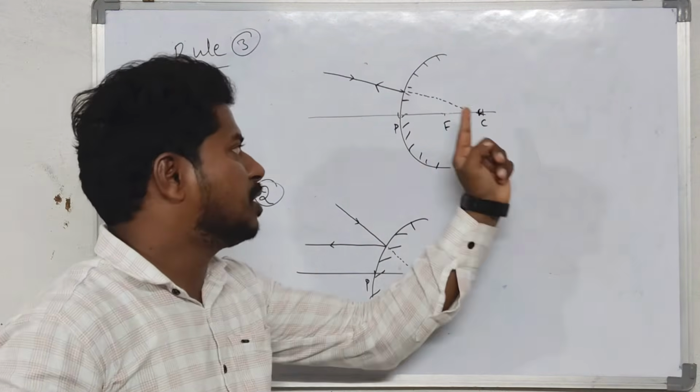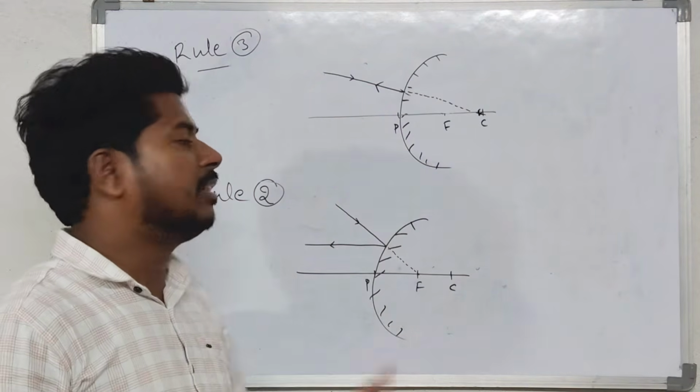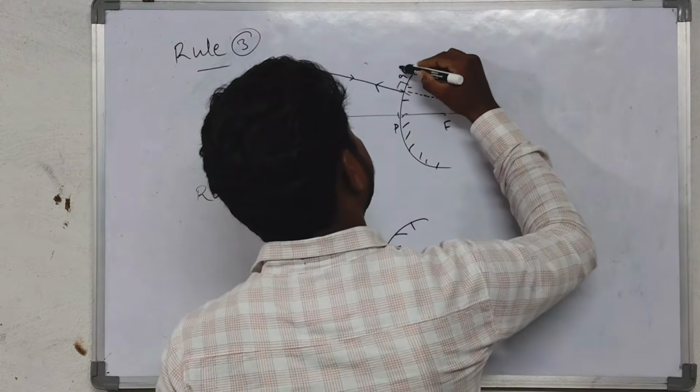If any ray passes through the center of curvature, that ray acts as a normal at the point of incidence, and it makes a 90 degree angle.